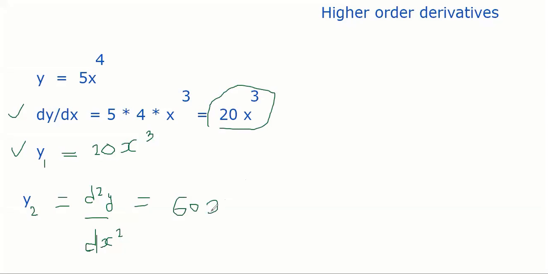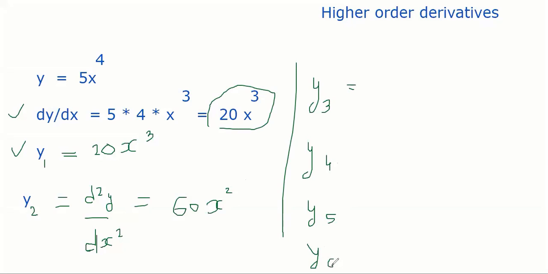Tell me everybody, what will be y3 and y4? And y5 and y6? Y3 will be 120x.